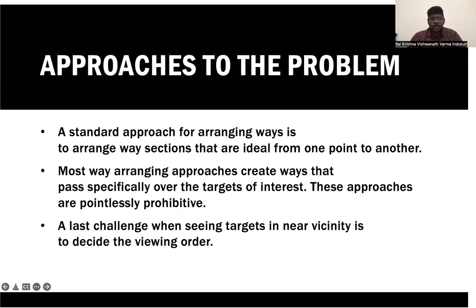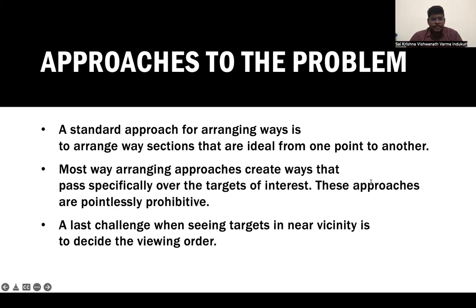So the approaches to the problem. A standard approach for planning paths is to plan path selections that are optimal from one point to another. So for multiple targets, the approach involves planning an optimal path from the starting point to the first target and from the first target to the next target and so on until all targets are visited. If targets are widely separated relative to turning capabilities of the vehicle, then this approach works well, given that the optimal visit order can be specified.